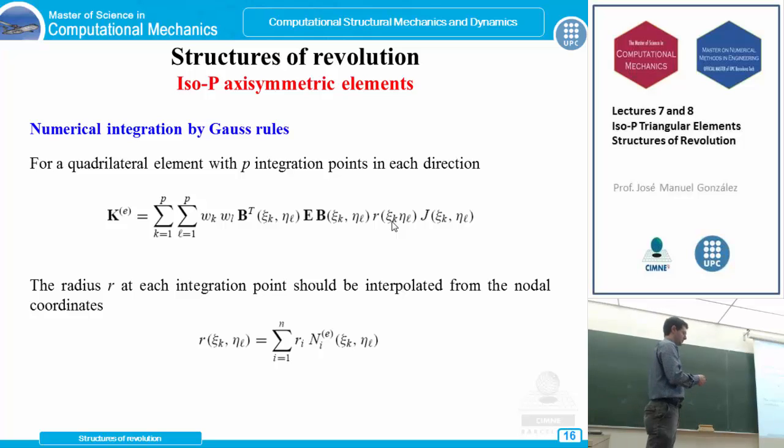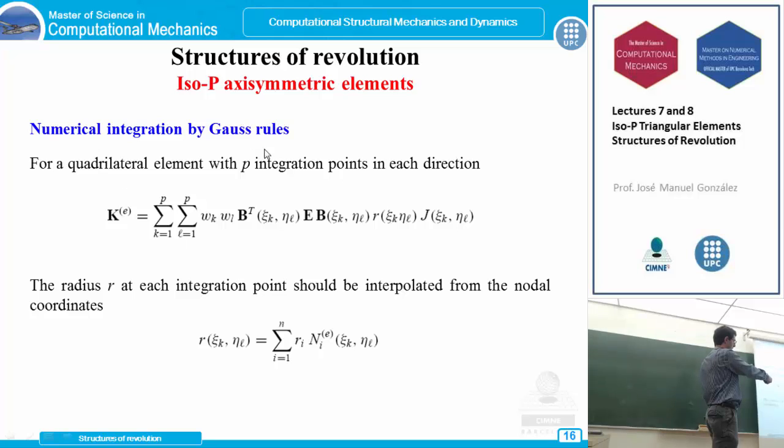So we must be conscious that if an element has one node or two nodes in the axis, and we use closed numerical quadratures, we could find an integration point with radial coordinate equal to 0. So we will be in trouble here, because this r is dividing in the circumferential component.